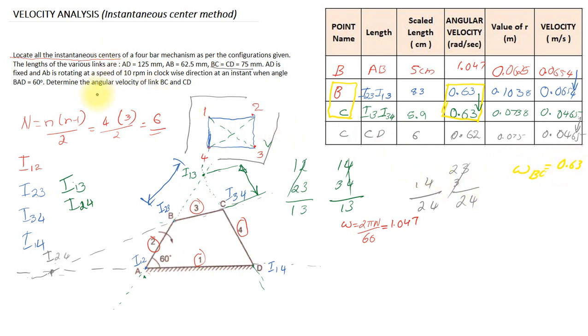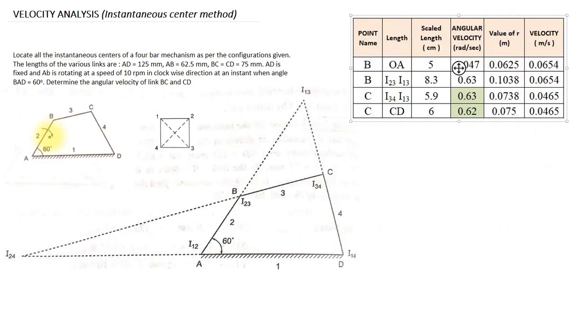And next the question, determine the angular velocity of link CD. So link CD, omega CD is equal to 0.62. Okay, so these are the two answers.